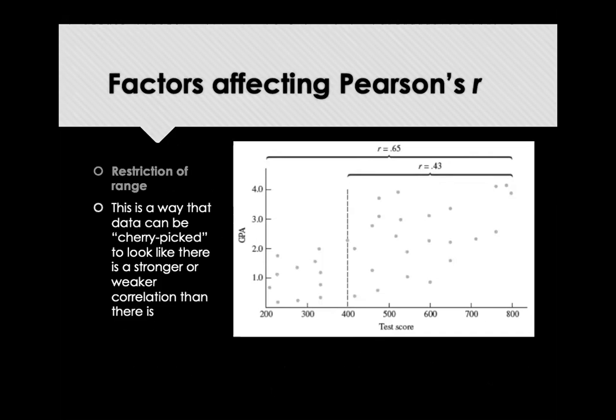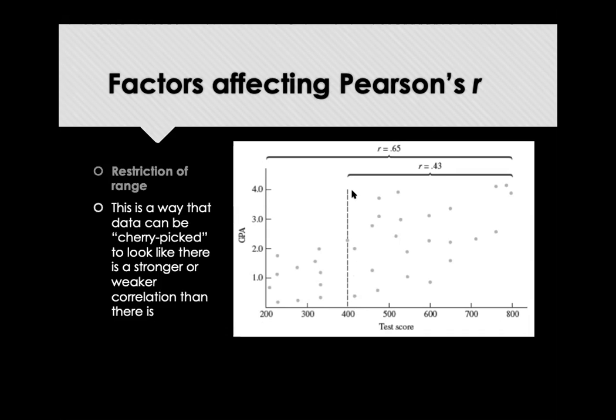So let's just say that we're looking at a particular test score, and this may be SAT scores or something like LSATs or GRE scores, and then GPA. And if you don't include the full range of possible scores, then you're going to be looking at distorted data. So let's say that in this case, the full range of test scores is from 200 to 800. That's the full complete range. You can't get lower than a 200, can't get higher than an 800.